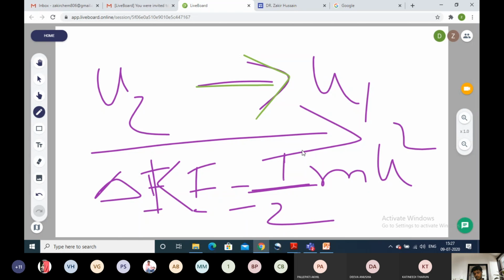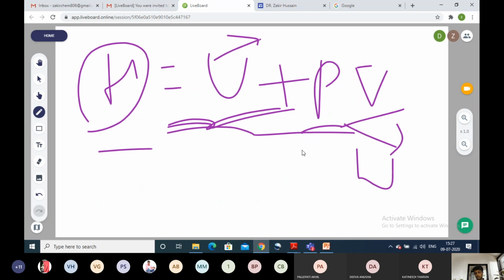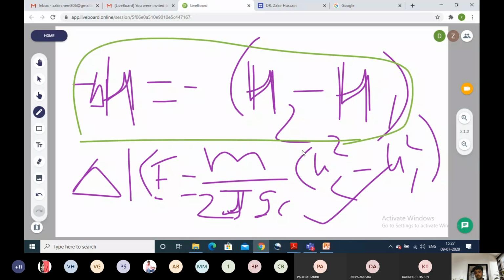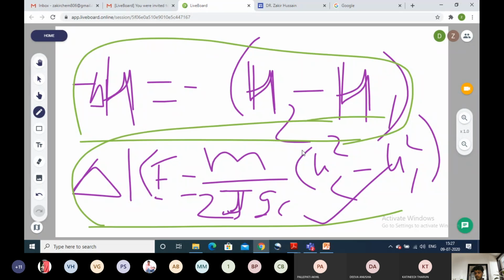From school days we know that delta KE, the change in kinetic energy, is half m u square. Using the same formula, the change in enthalpy is equal to H2 minus H1, whereas delta KE is equal to m into u2 square minus u1 square by gc, where gc is the gravitational constant, and J is for compensating the mechanical energy to heat transformation.